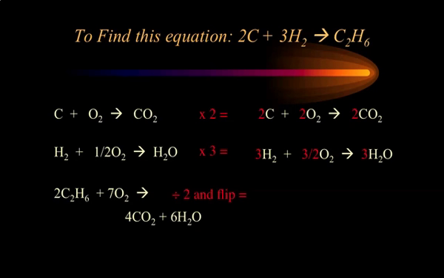So my products are going to become my reactants, and there will be half the amount of moles of each of my substances. So 2 CO2 plus 3 H2O forms 1 C2H6 plus 7/2 of O2. Gotta love fractions.